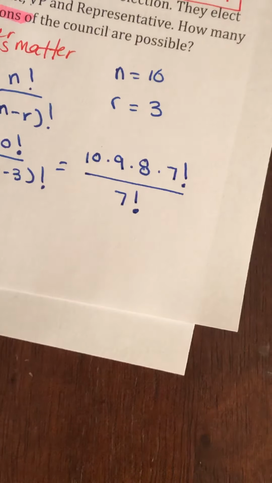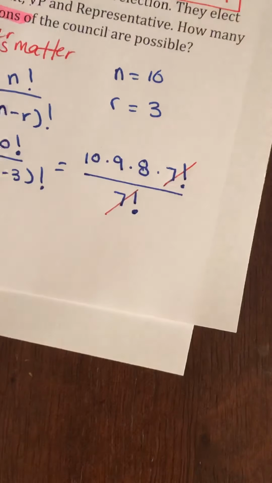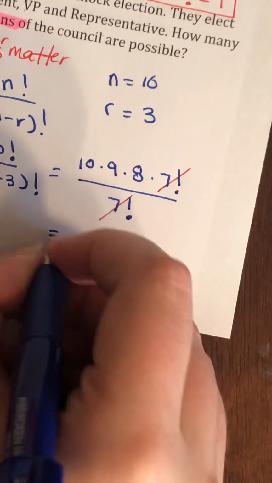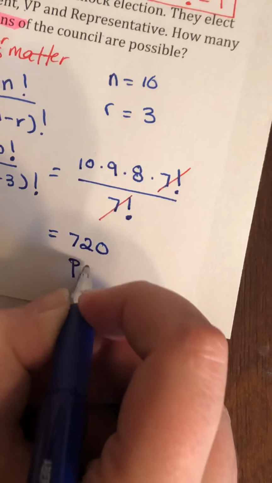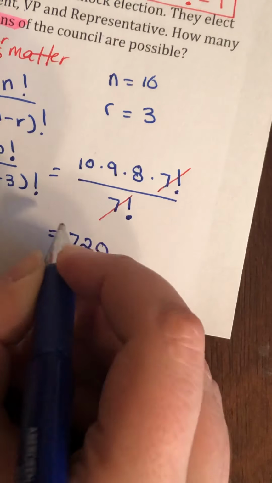In which case, you don't have to write them all out because these just cancel. So you get 10 times 9 times 8, which is 720. So there are 720 permutations here.